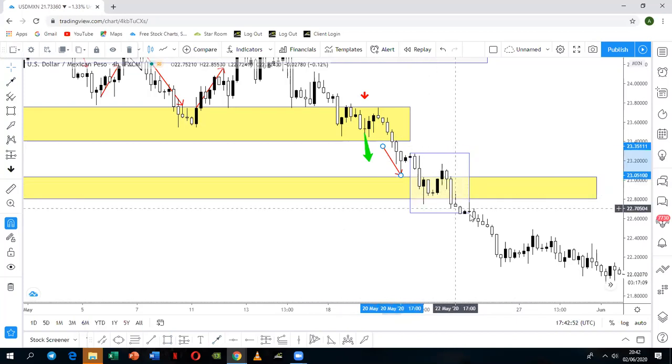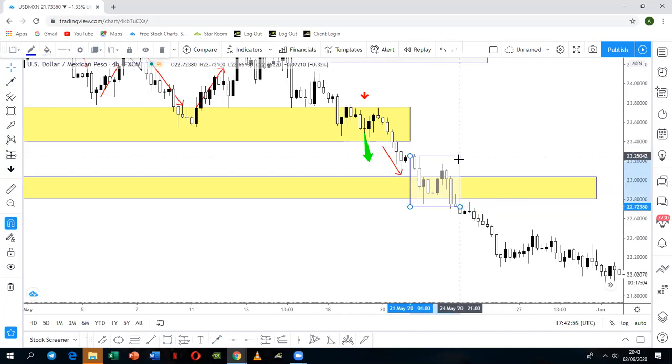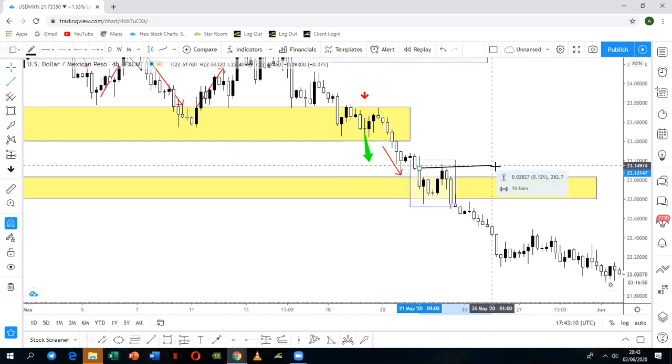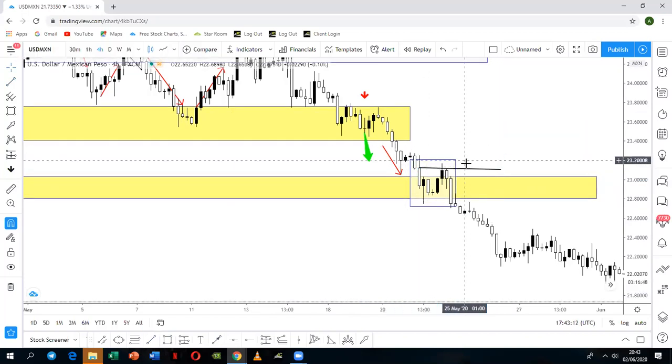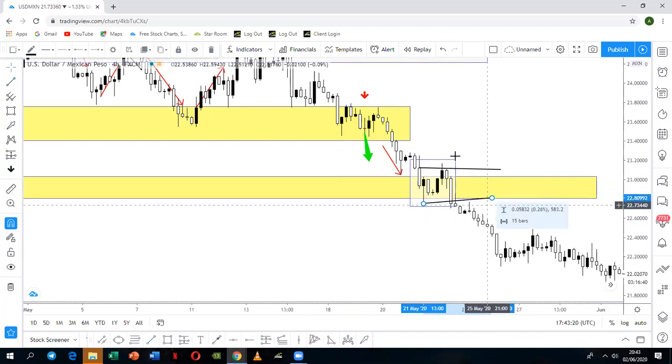It was testing to see how strong the sellers are. So we had a small retest here. We formed a low here. Then we formed another high here. If you remember the principles of highs, price didn't break above the previous high, so it again fell, and it fell below the previous low and below the zone.